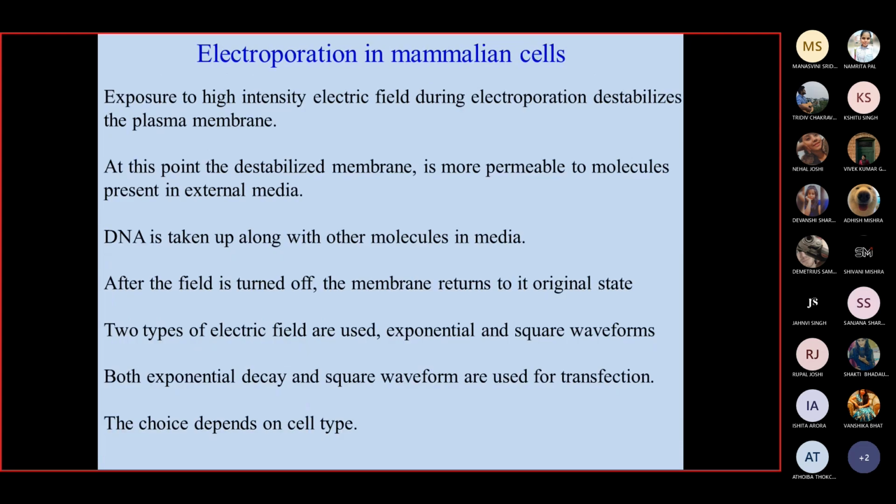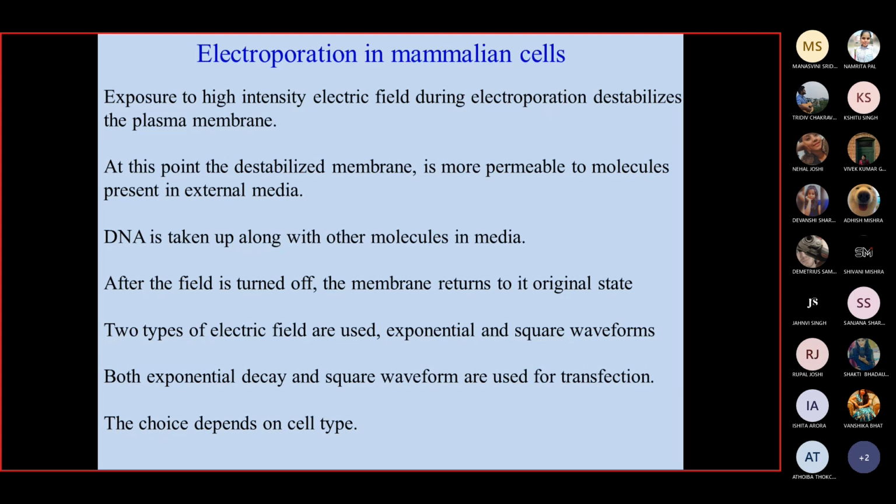Okay. So electroporation in mammalian cells. Exposure to a high intensity electric field during electroporation destabilizes the plasma membrane. At this point, the destabilized plasma membrane is more permeable to molecules present in the external media, and DNA is taken up along with other molecules in the media. After the field is turned off, the membrane returns to its original state.